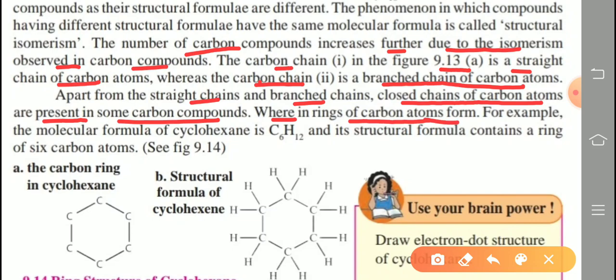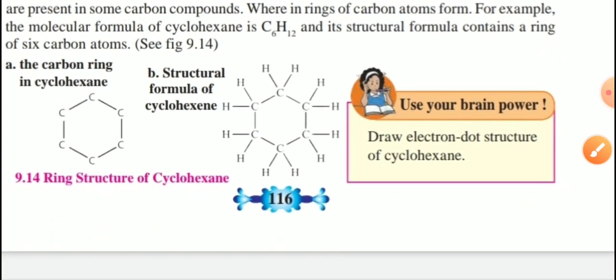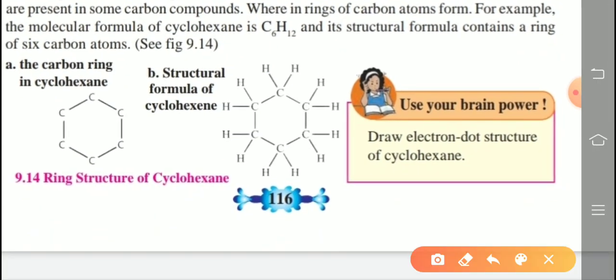For example, the molecular formula of cyclohexane is C6H12. Its structural formula contains a ring of 6 carbon atoms, that is shown here. Now check. 6 carbon atoms in the form of a ring and the remaining valencies of carbon, that is tetravalency, 4 valency, are satisfied by the 12 hydrogen atoms.